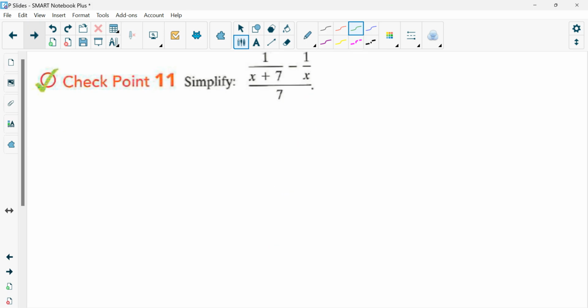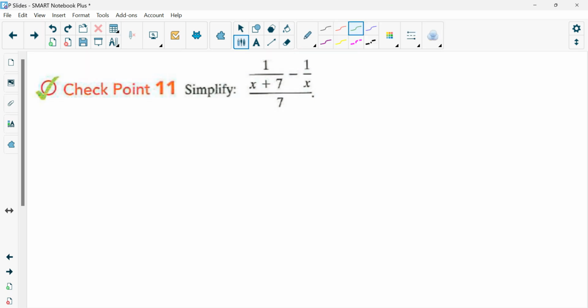All right, we'll do one more here. So this is still a complex fraction. Just so we have just a number in the bottom now.